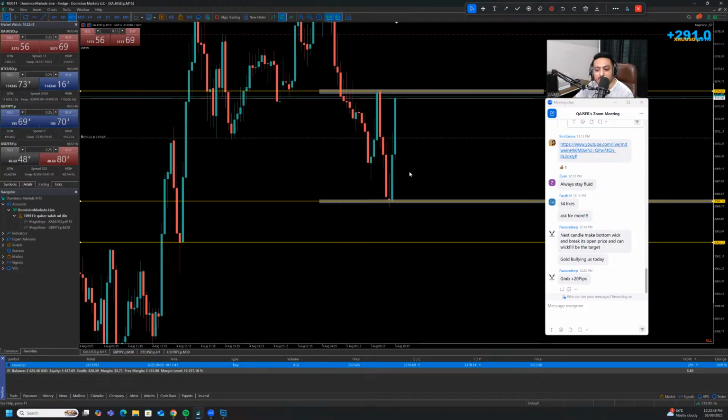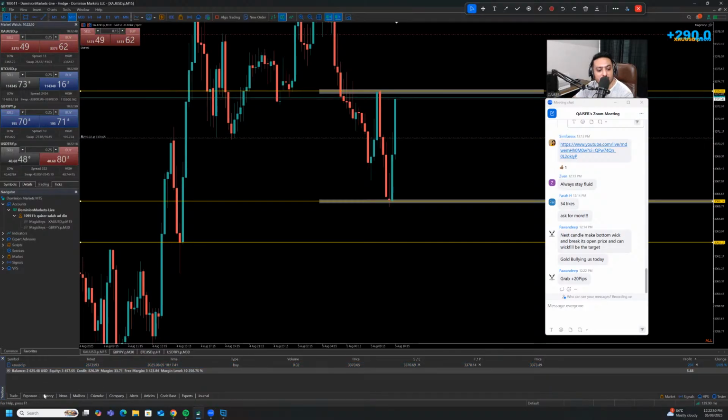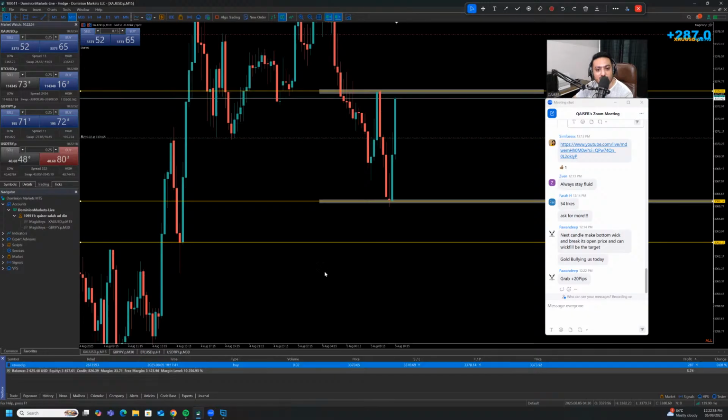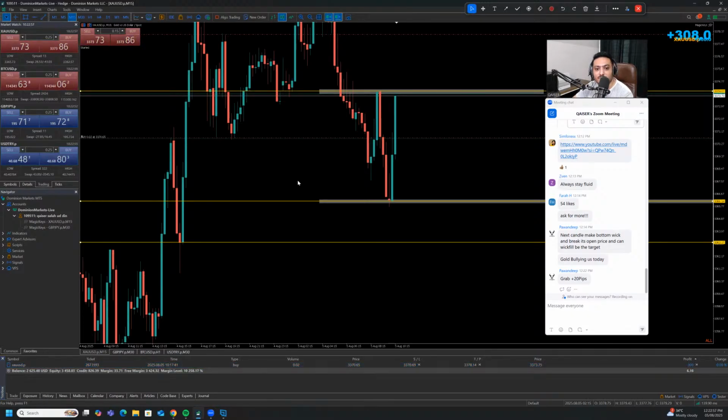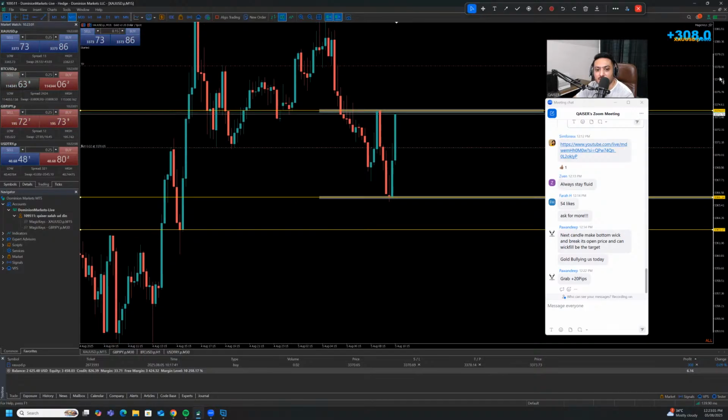Wow, very nicely done. I already secured 20 pips with the 0.15 lots. Now we'll leave it, and with the volume it might continuously push to the upside. If it comes back and hits my break even, I'm not going to lose anything. What a beautiful trade, I would say.